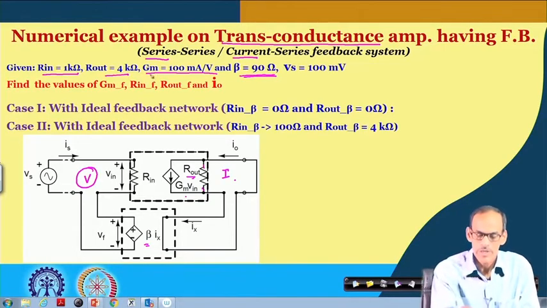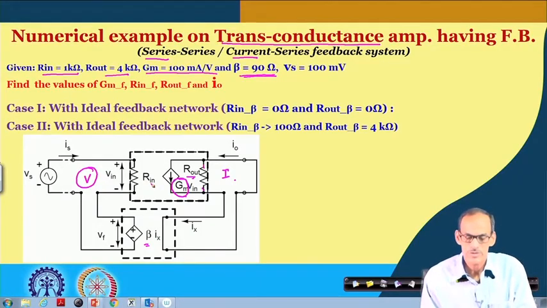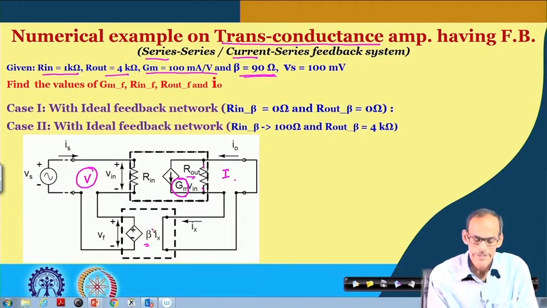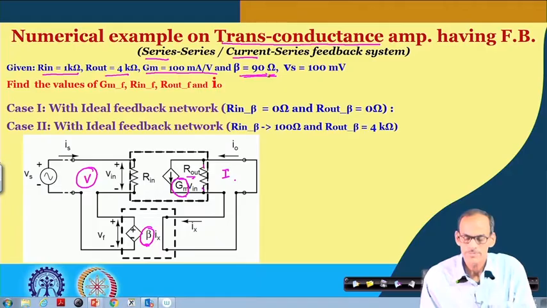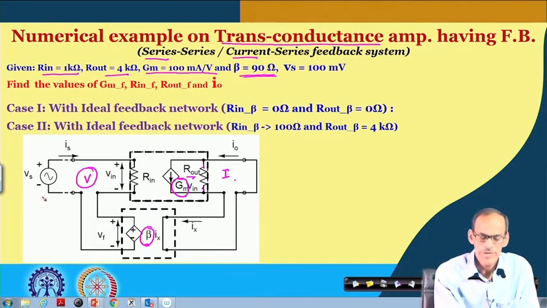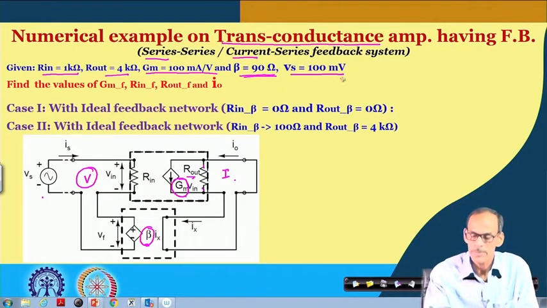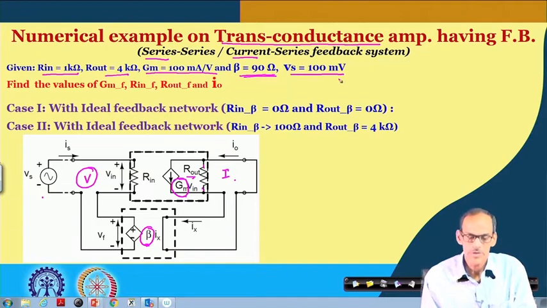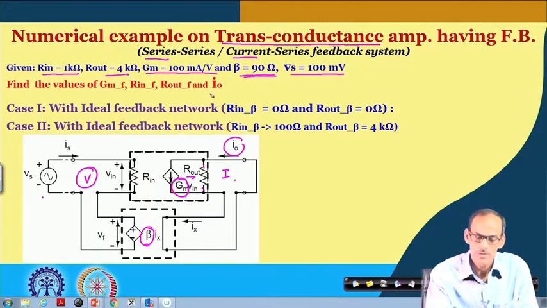You might have observed that since the unit of GM is 1 by ohm, the expected unit of beta should be ohm, and the value here is 90. The input voltage we are feeding here is 100 millivolt, and you need to find what will be the output current.